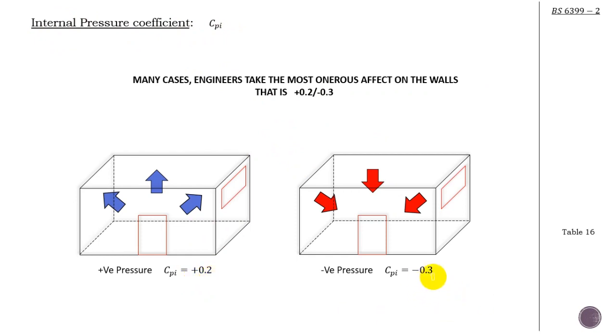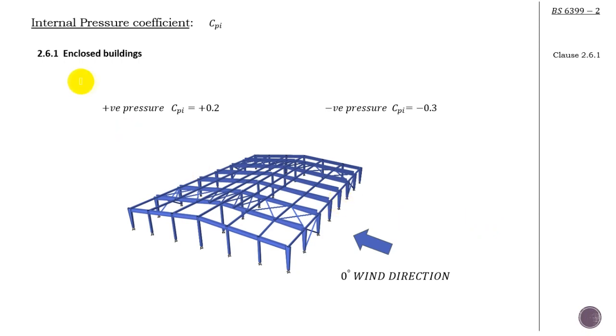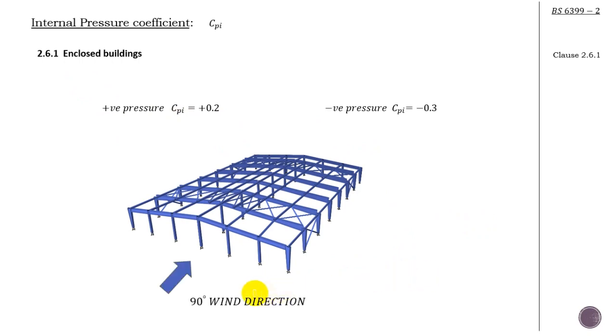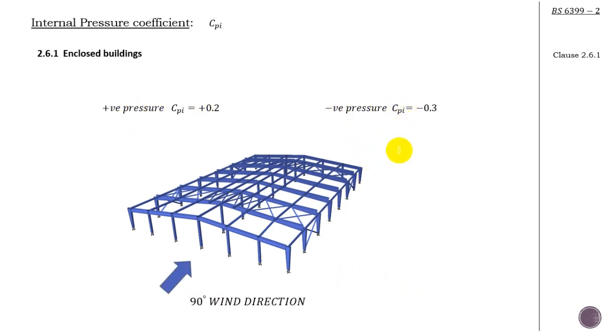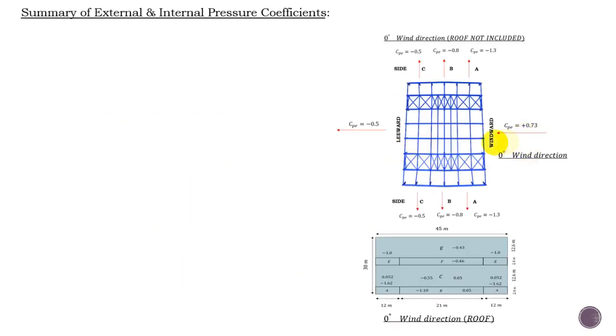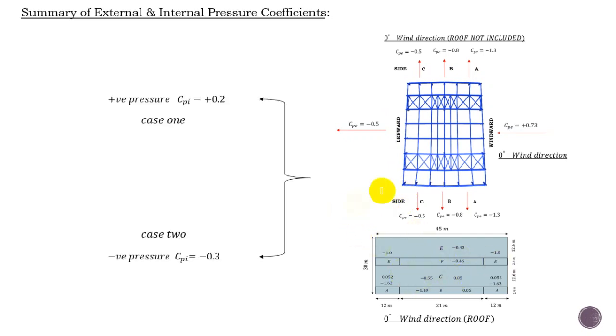Now, as I have done before, we consider the two cases, the 0 degree wind direction and the 90 degree wind direction. For both cases, you have to consider both internal pressure values. This is for the 0 wind direction, the external pressure for the vertical walls as well as the roof. Now I have to consider the sum when calculating the net surface pressure.